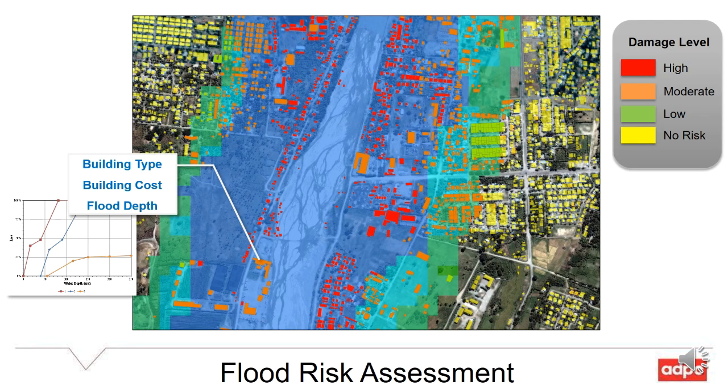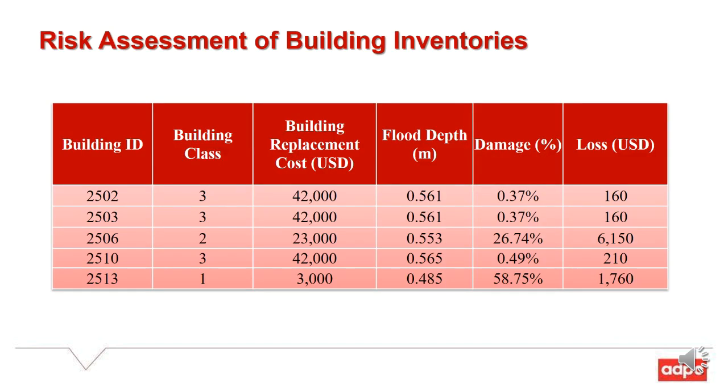So this is one of the examples using that curve, how we come up with these kinds of flood risk assessment maps. Risk assessment for building inventory. So these are some of the functions that we developed, and also took this replacement cost from the country perspective to come up with overall loss in the GIS map.